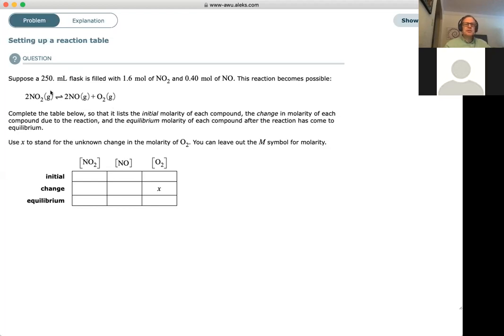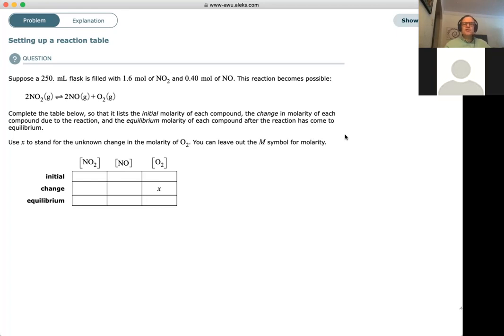You have a 200 milliliter flask filled with 1.6 moles of NO2 and 0.4 moles of NO. This reaction becomes possible: NO2 is converted to NO plus O2. It's balanced. Complete the table below so that it lists the initial molarity of each compound, the change in molarity of each compound due to the reaction, and the equilibrium molarity of each compound after the reaction has come to equilibrium. Use X to stand for the unknown change of the molarity of O2, and you can leave out the capital M symbol for molarity.